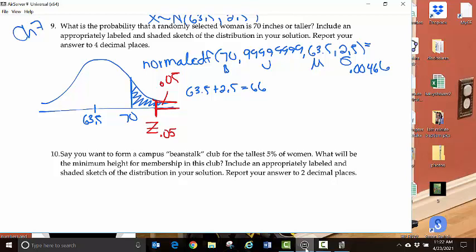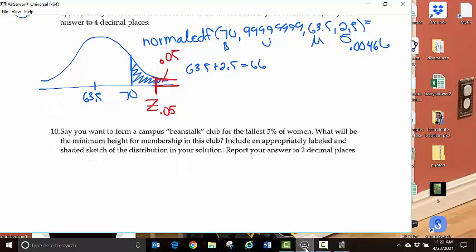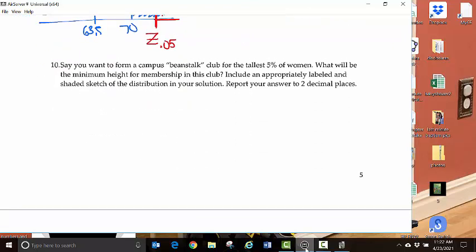Okay. So this is the one time you get to use the Z score formula. Well, actually, no, let me think about it. Yeah, you can. You could use a Z score, but let's just use inverse norm.